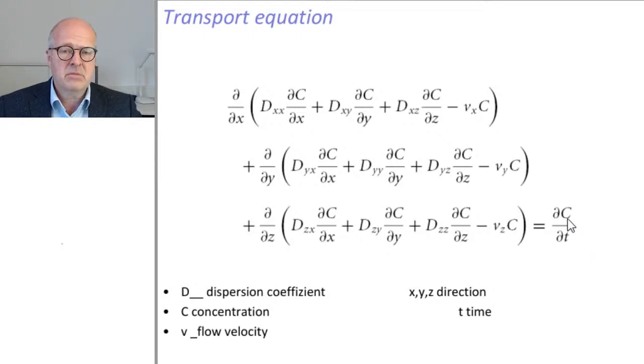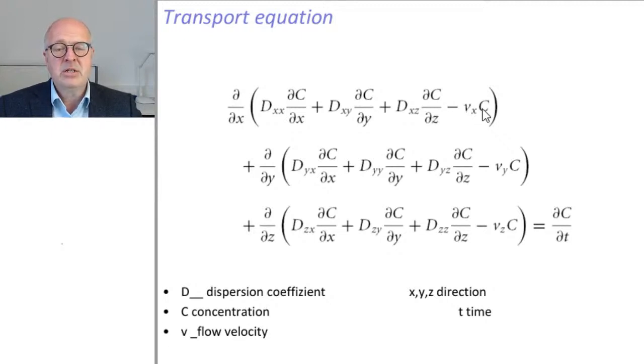We want to predict the change of concentration. It is a result of, or equals, these three components. And if we have a closer look, we see that this is just per axis. So in x direction, y direction, z direction, they are all similar. So we can just focus on one, and it says that the change in the x direction of the change of concentration in x with the dispersion coefficient. So these are the different components of the change of concentration in one direction.